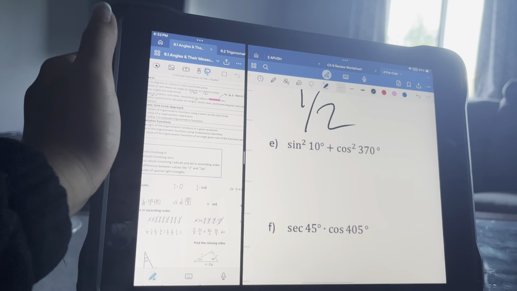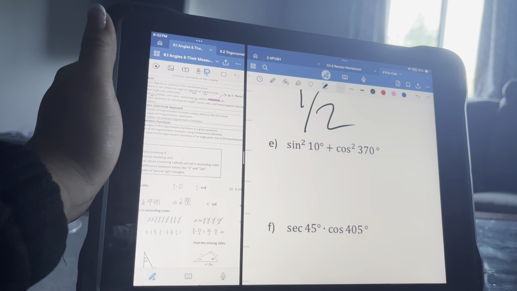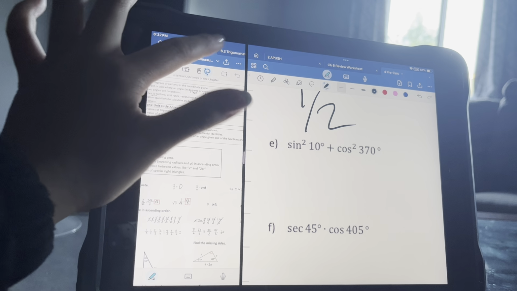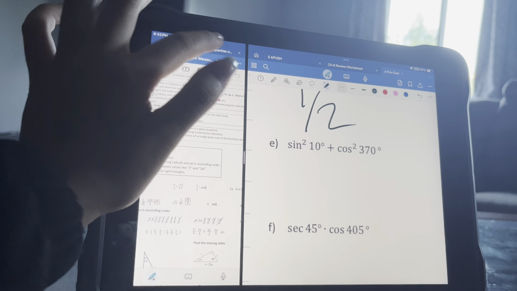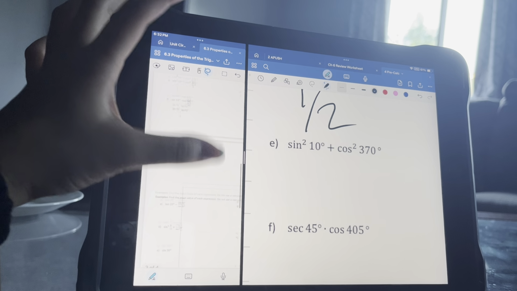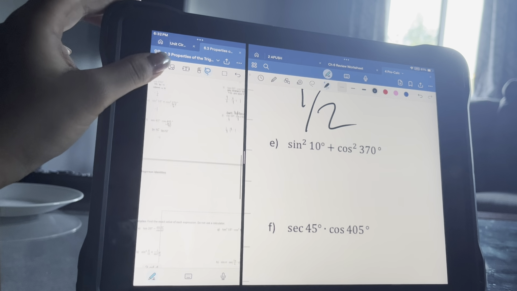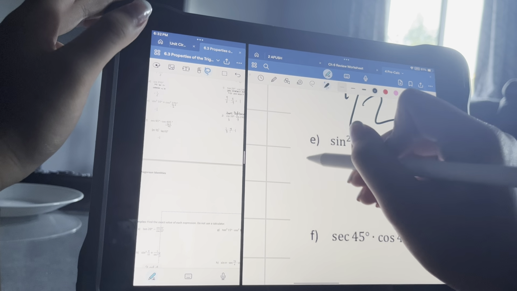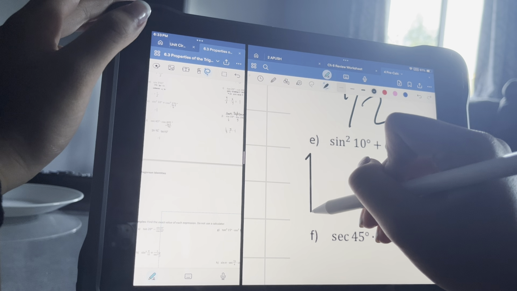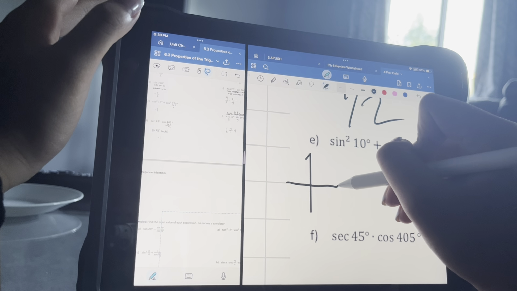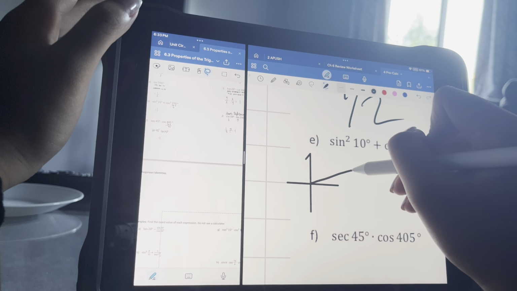This one. Okay. Where will 370 terminate? I'm going to draw this one out. 10 degrees is about here, ish.